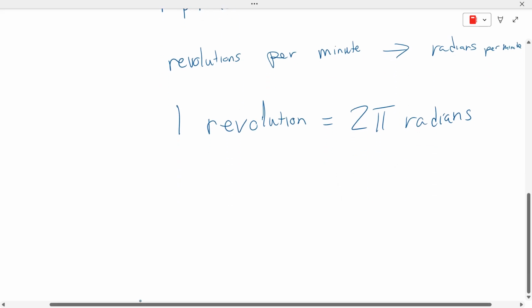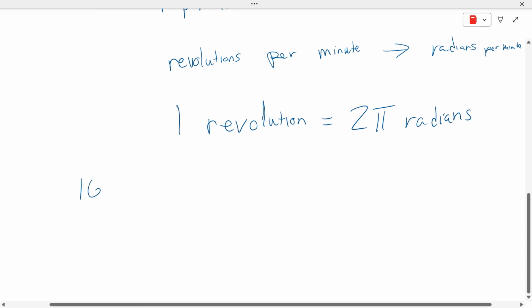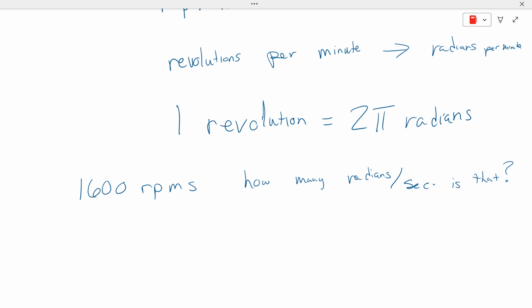So if we're going 1600 RPMs, how many radians per second is that? Okay, and I stress the word second because that's important.